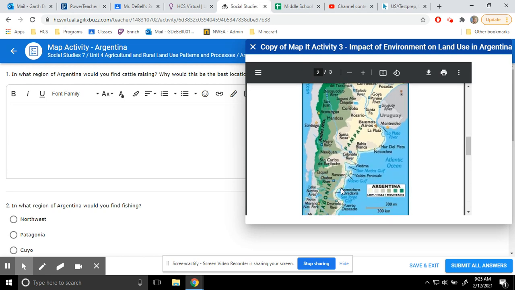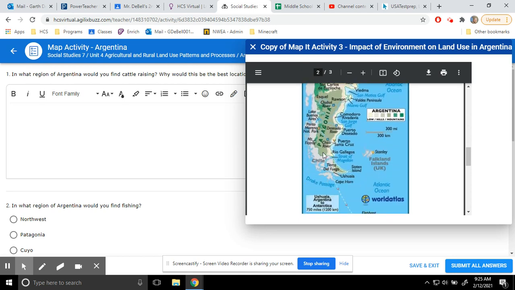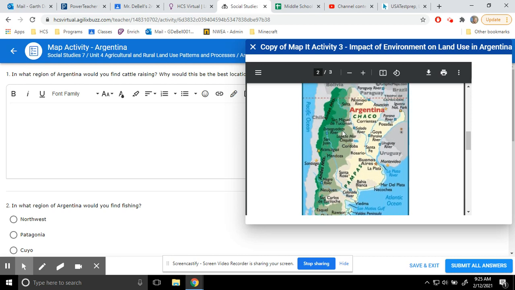Then you have a darker gray along the edges, going into a light green and then a dark green on the ridge there. So it looks like we have flat land in this area going into hilly land, going into mountains.